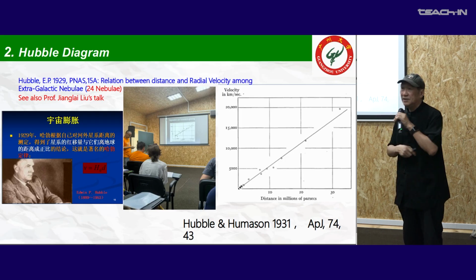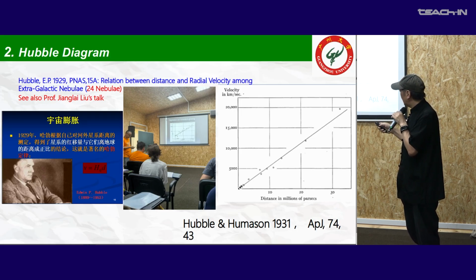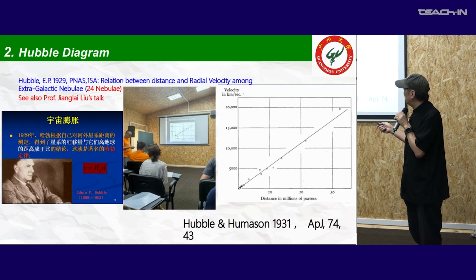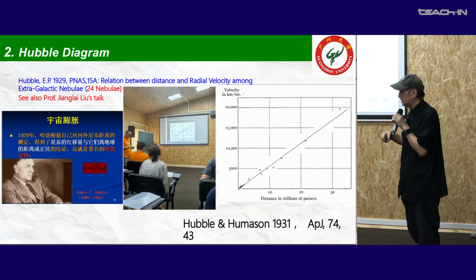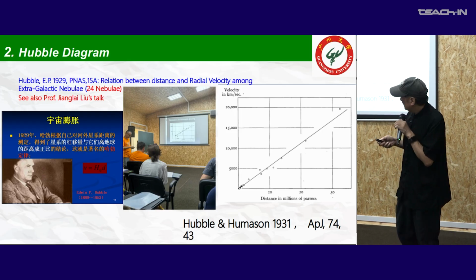In 1929, Hubble showed a result for 24 nebulae: the distance is correlated with the velocity.